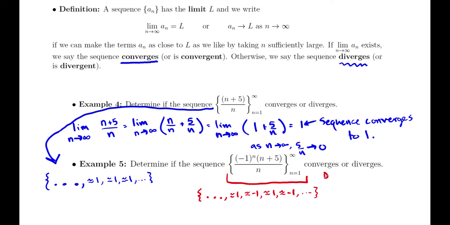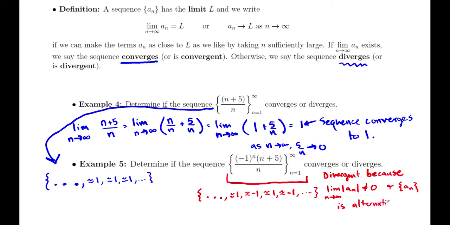So we'll say it's divergent because the limit of the absolute values, as n goes to infinity, is not 0, and the sequence is alternating.